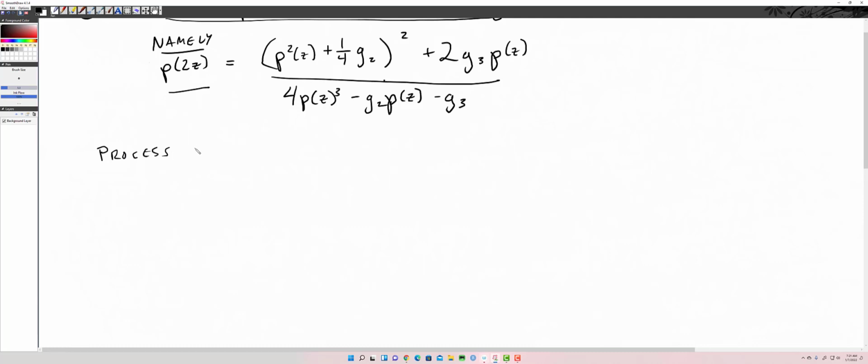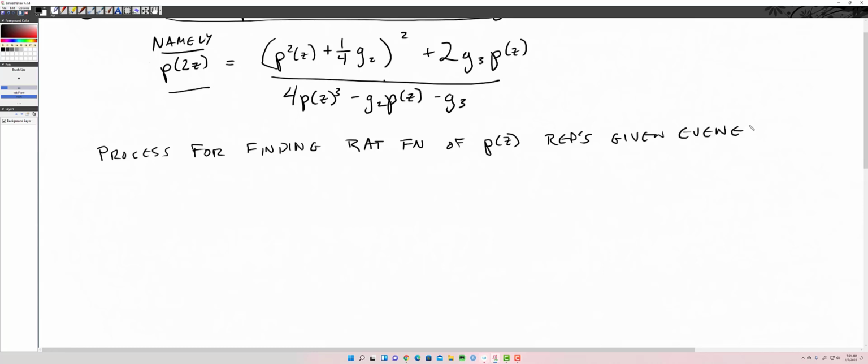for finding a rational function of P of z that represents a given even elliptic function. It looks like this. First of all, you represent all the poles as these kinds of things.